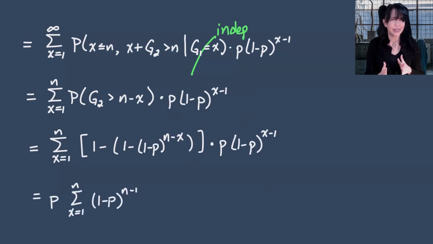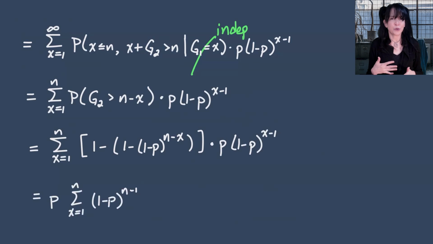So before you start trying to do a finite geometric sum, note that there are no little x's in this expression. So if I sum this as x goes from 1 up through n, I'm just taking (1 minus p) to the n minus 1, plus (1 minus p) to the n minus 1, plus, so all I need to do is count the number of terms in the sum.